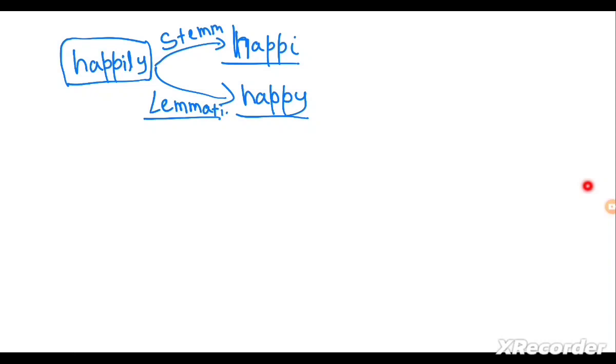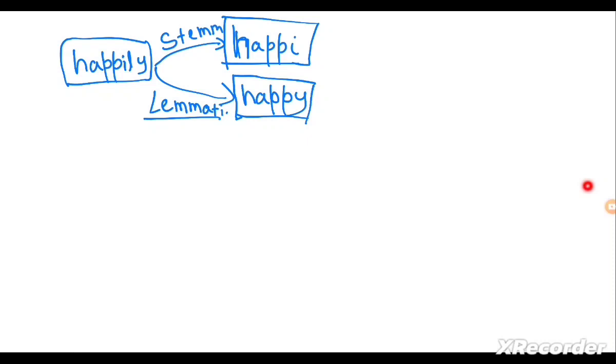So this is basically the base difference between stemming and lemmatization. Hope you are understanding. Lemmatization always gives the base English form of a word, but stemming not necessarily. It just messes with the prefix or suffix, and you will not necessarily have a valid English word.